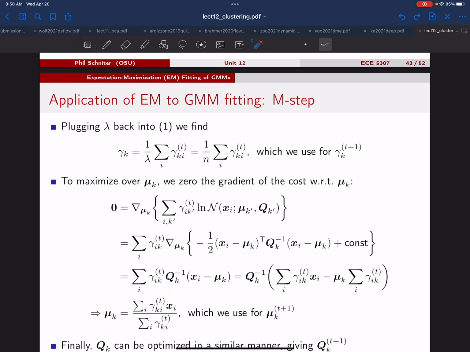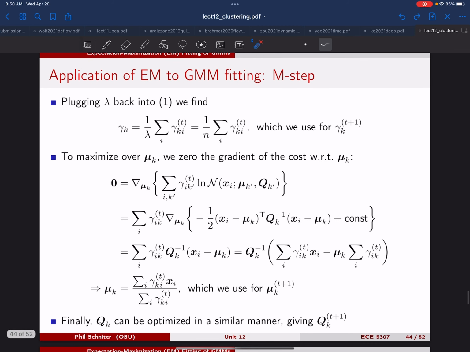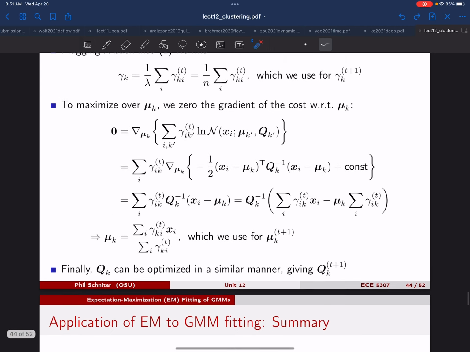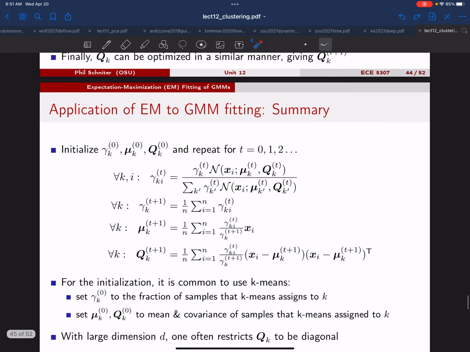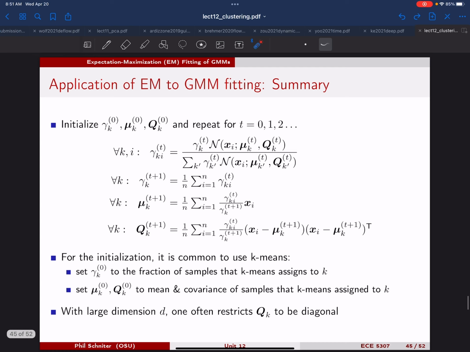Okay, so this is our update of mu k, or optimized mu k. We'll set that as mu k^(t+1). And there's a similar process to optimize the covariance matrix Q, but just to save time, I won't give you all the details. And here's a summary of the algorithm.